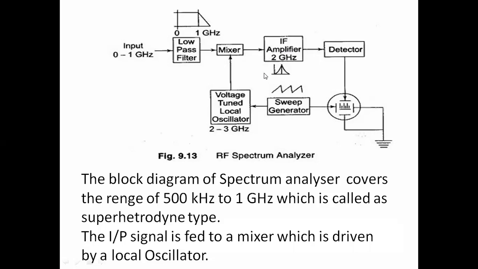The intermediate frequency amplifier has a range of 2 gigahertz. The mixer output is amplified by the intermediate frequency amplifier, and that amplified signal is applied to the detector.